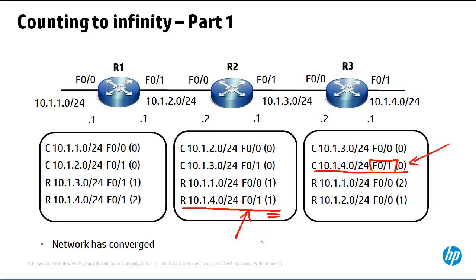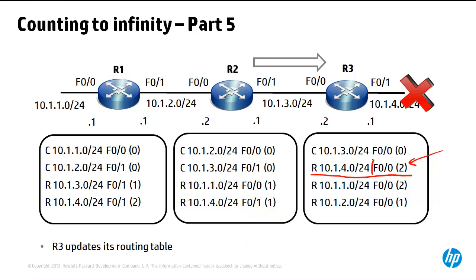But now, notice the interface that router 3 learnt about the network on is FastEthernet 0/0. The hop count has also been incremented to 2. Router 3 believes it can get to this network via router 2, and the network is 2 hops away.